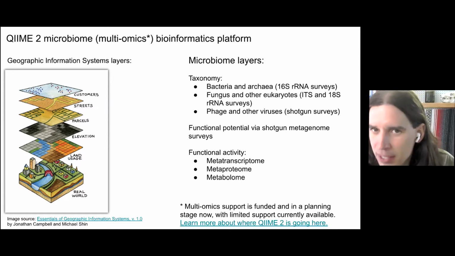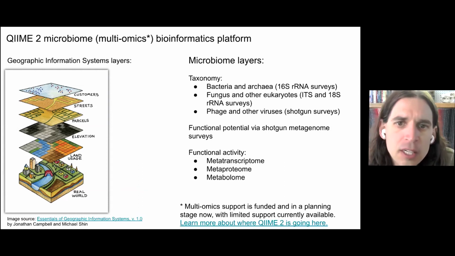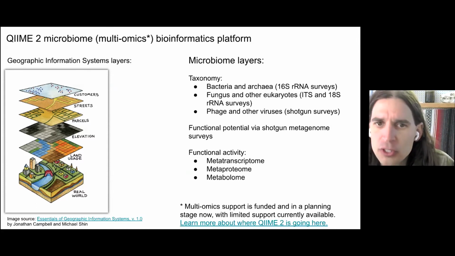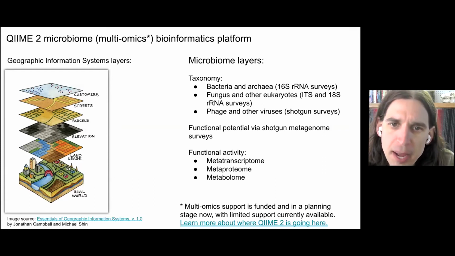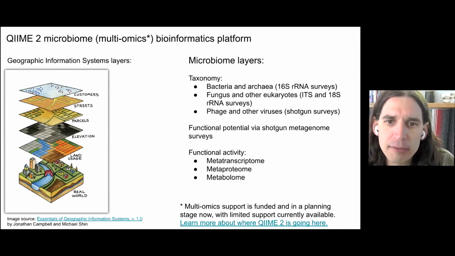That might tell us about antibiotic resistance genes, for example. Or what functional activity is happening in this community, which we might get from transcriptomes or proteomes or metabolomes. And so really where we're moving now with QIIME is building this into a microbiome multi-omics bioinformatics platform.